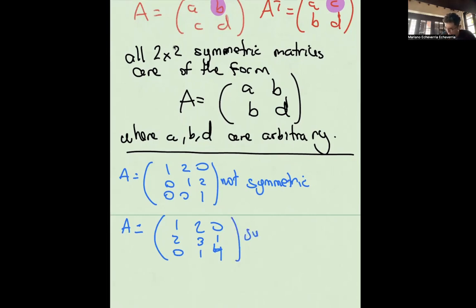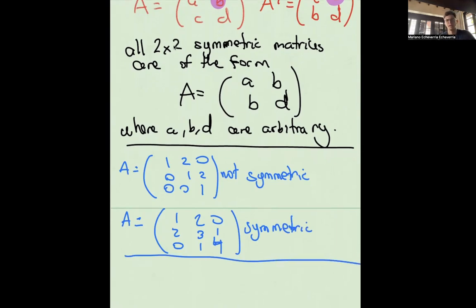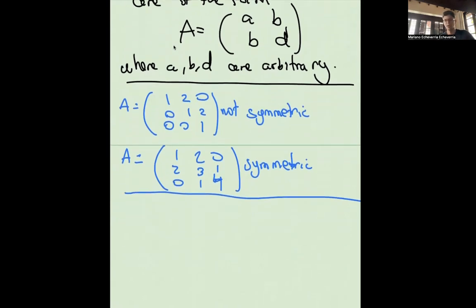This one is symmetric. So whether a matrix is symmetric or not is not just something you can discuss in the 2x2 case. For today, I'll focus on that case because it's the one that I need, but you can still discuss this in more generality.